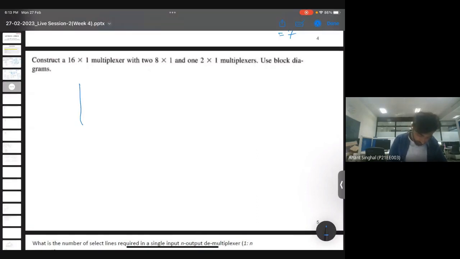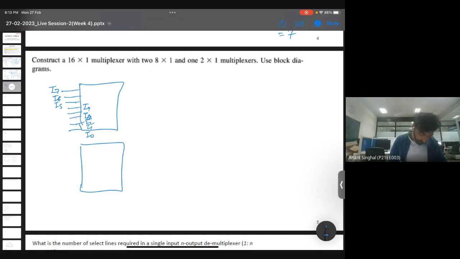So this is an 8 cross 1 mux. It will have certain outputs. Let me write it here: I3, I2. This will also have 8 inputs.